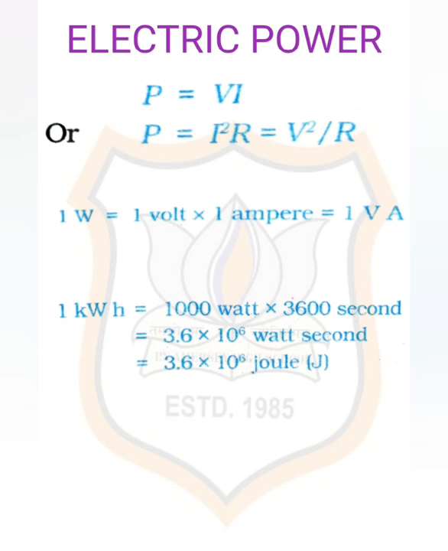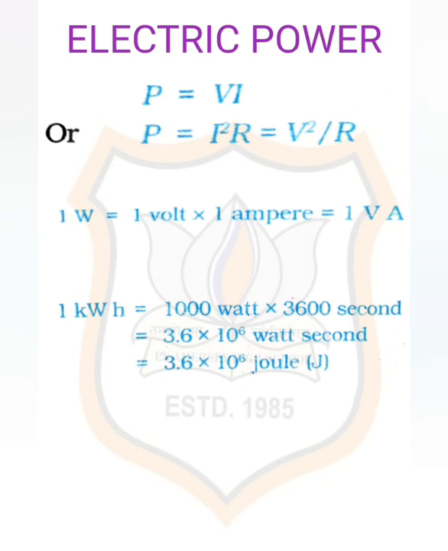We have discussed that the power P is given by P is equal to VI, and in the last relationship, P is equal to I square R, or we can say V square upon R. As we know that I is equal to V upon R, so I square will be V square upon R square, and on cancelling we'll get V square upon R.